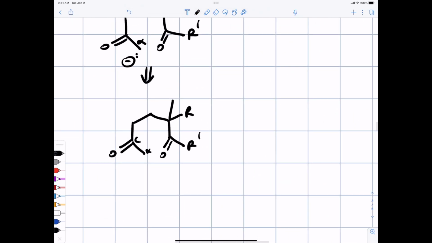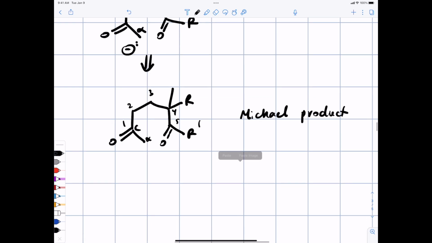Now, if you pay attention, you've got a 1, 2, 3, 4, 5 Michael product, a 1,5 dicarbonyl product. So your task now is to find where the alpha beta unsaturated carbonyl compound was and where the nucleophile was. And again, you might think, well, let's see, could this have been my Michael acceptor and this have been my Michael donor?